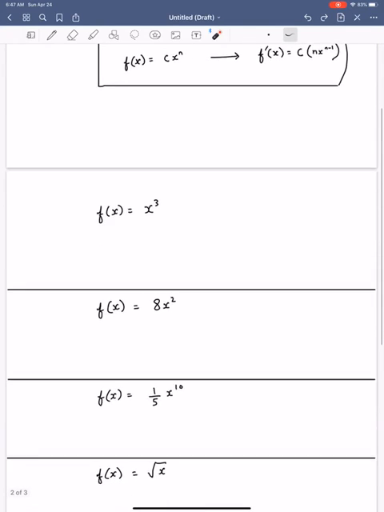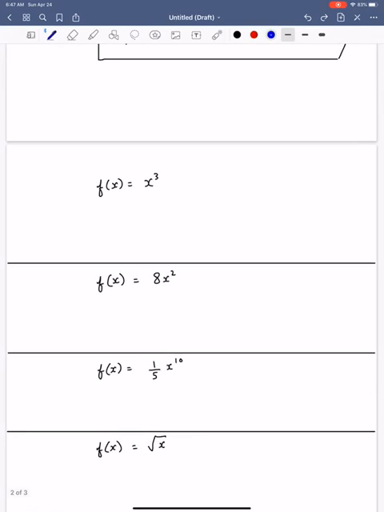Now let's solve a few practice problems. Now I encourage you to solve these problems on your own because learning only happens when you try and do things yourself. So long story short, if you're given something like this, x cubed, you'd remember the power rule, where you'd basically multiply the power by the x, and you'd minus 1 from the power.